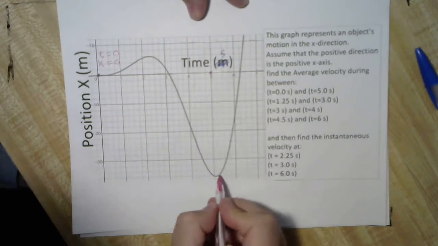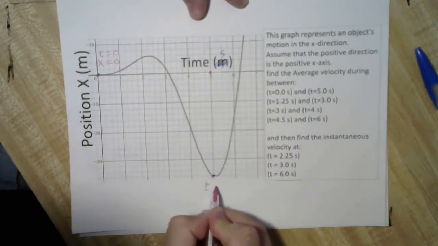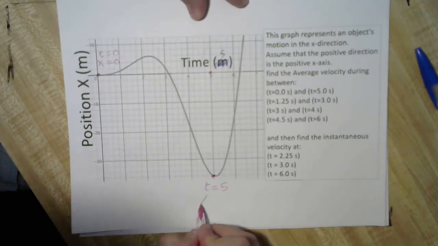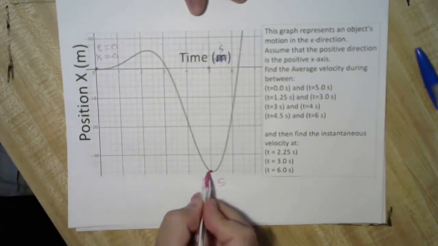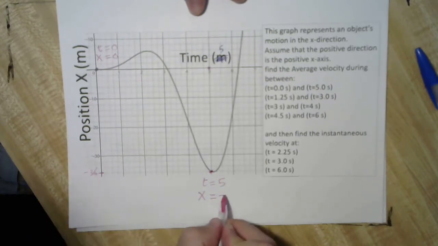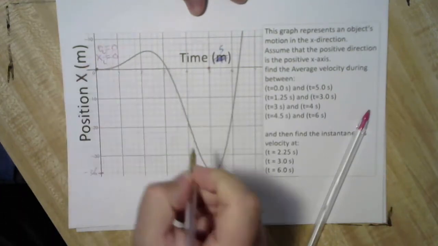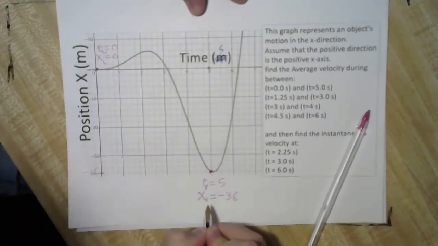At t equal 5, the body is here, t equal 5 and x equal to minus 36. I can use this as t initial, x initial, t final, x final.